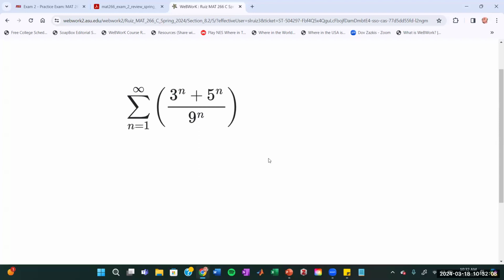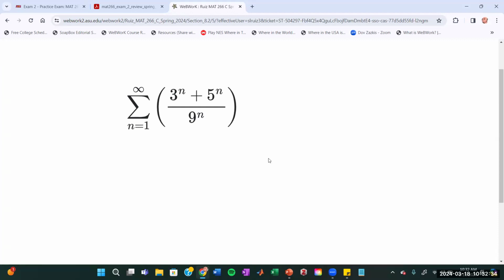In a sequence, I don't even add those together. I'm just looking at the terms themselves. So the most direct way to get the sum of a telescoping series is to write out the terms and try to understand where those cancellations are going to happen. It's almost always going to be in the interior.